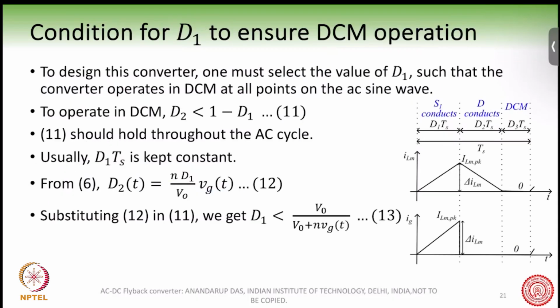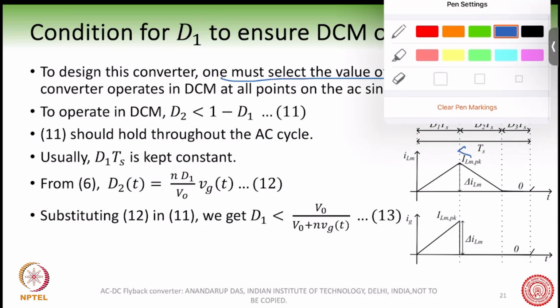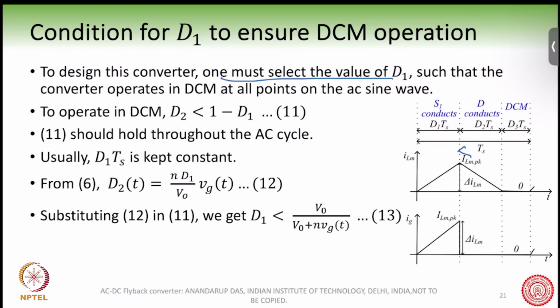But one thing we must make sure is that we are going to work in DCM. Remember that. Therefore, one must select the value of D1 in such a way that, if you see here, this portion is 1 minus D1 into Ts.